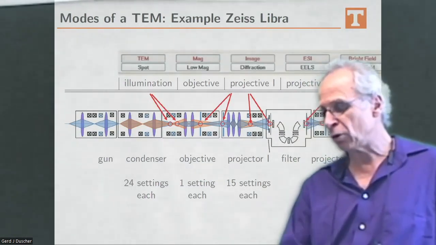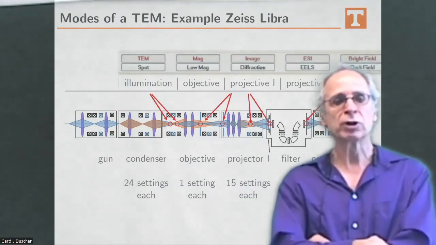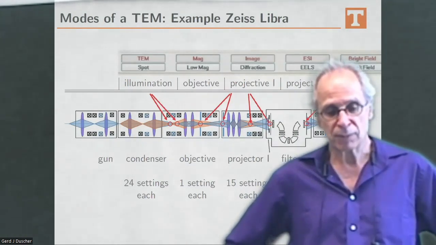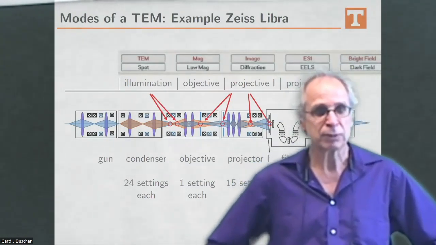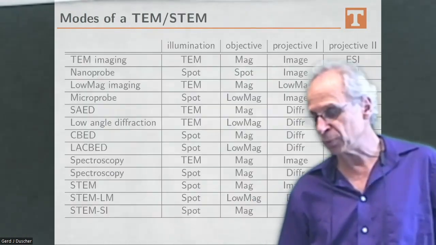And depending on which button we choose, the computer puts a certain set of currents to the different lenses and switches our microscope around.